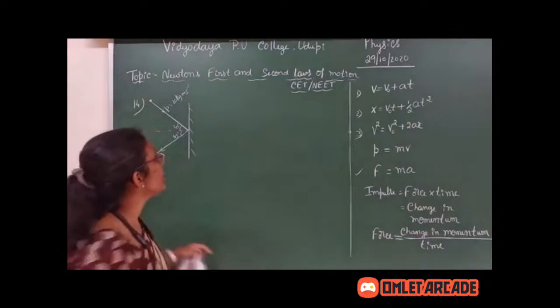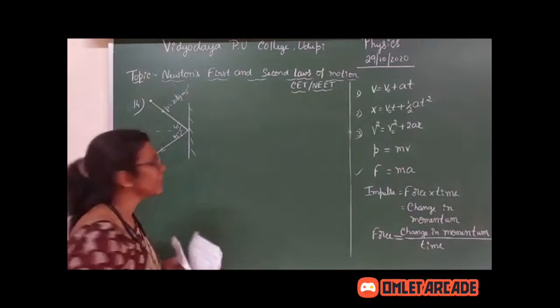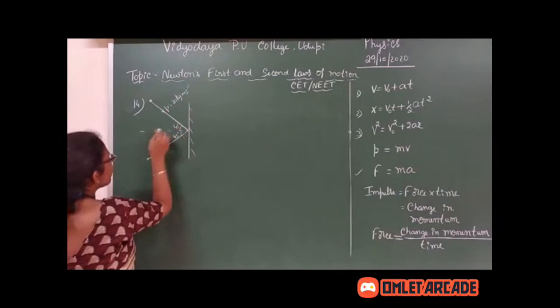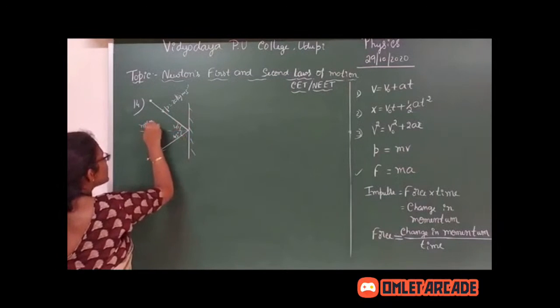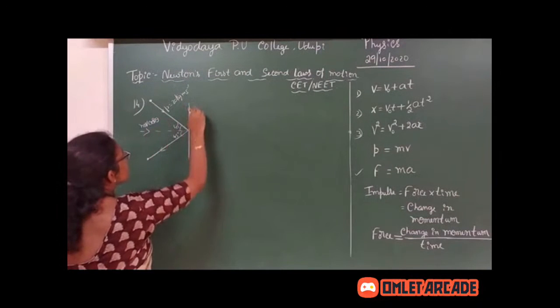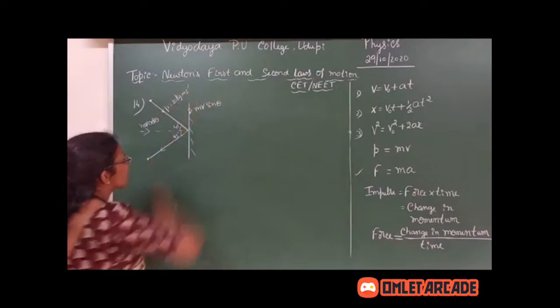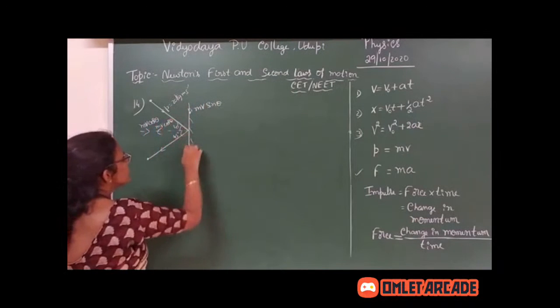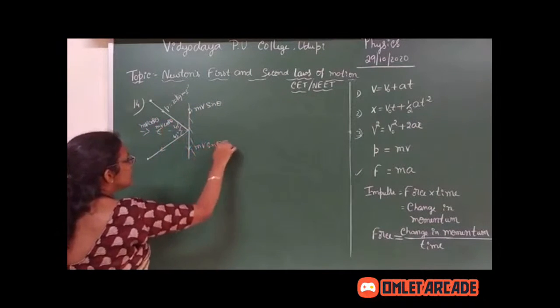To calculate the change in the momentum, as we discussed in the previous question, we can resolve this momentum into two components. This is 45 degree, so this is mv cos theta, and this is mv sin theta. Similarly, this is mv cos theta, and this is mv sin theta.